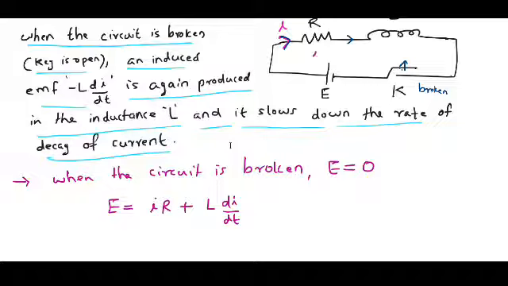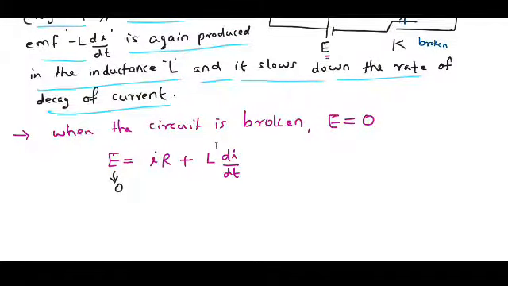The voltage across the resistance is IR, and the voltage across the inductor is L di by dt. Voltage was distributed across the resistance R and the inductance L. That voltage expression goes to 0, so you can write 0 is equal to IR plus L di by dt.